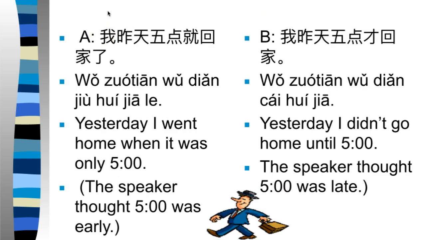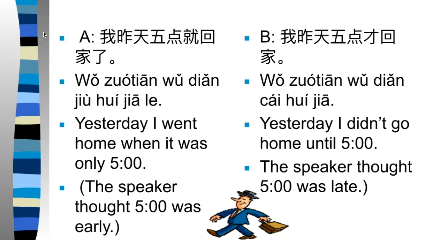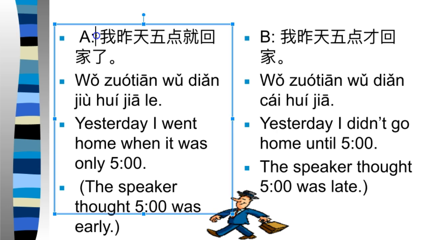Let's look at another example with speakers A and B. So both of them are returning home at the same time. 5点回家. But for speaker A, returning home is early. Typically, speaker A returns home later. So you would say, 我昨天5点就回来了.